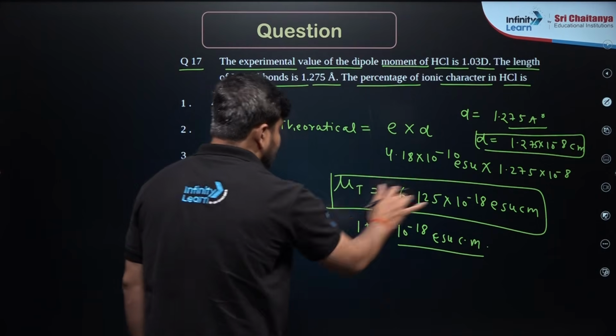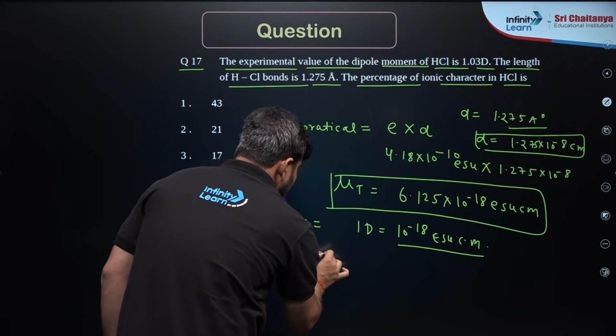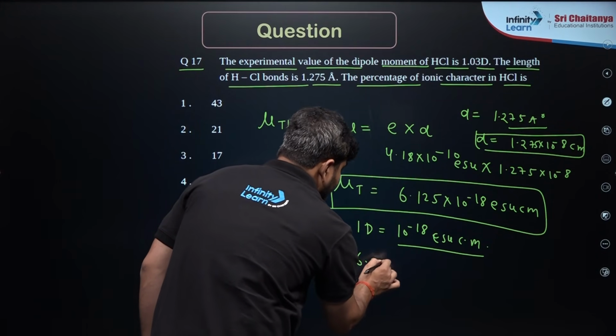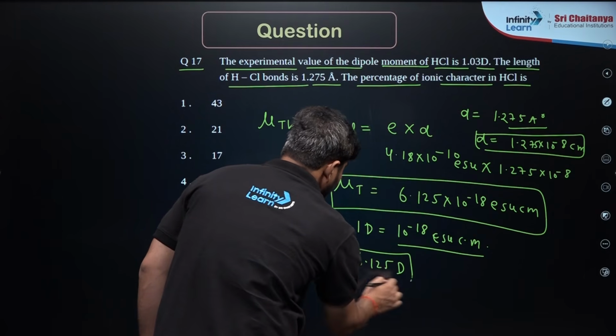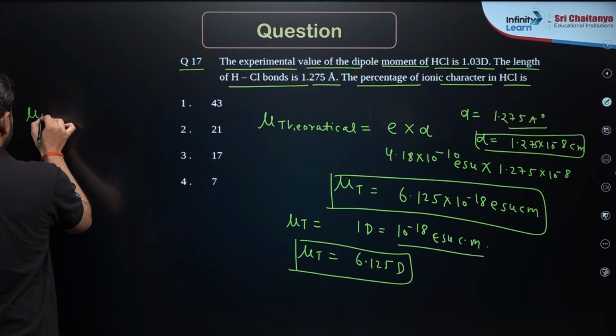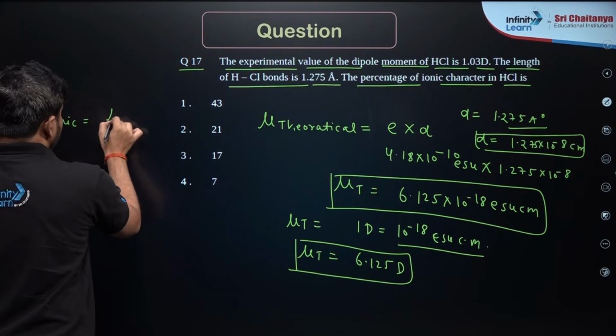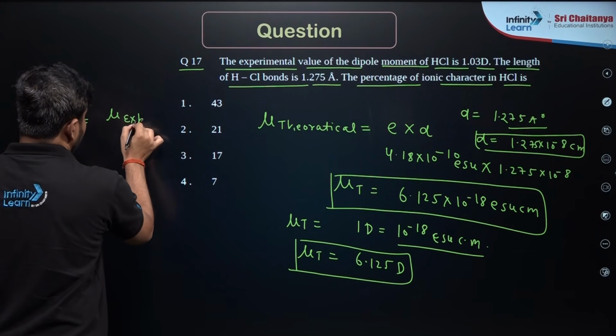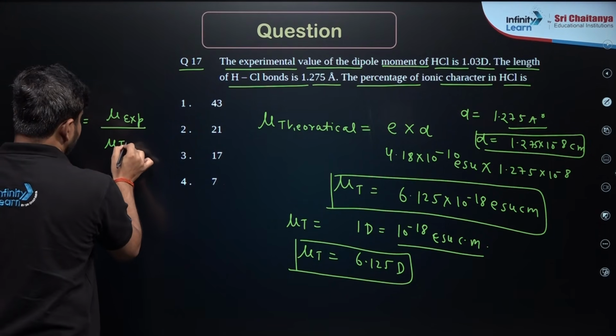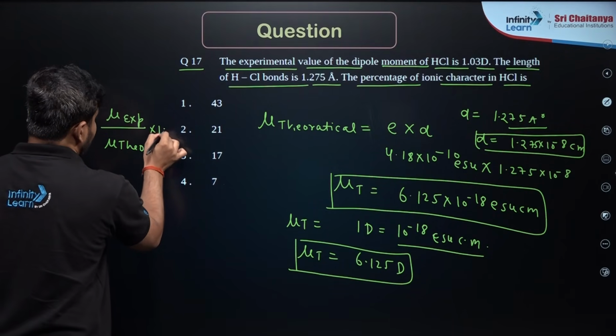So we can convert this one. If we convert, mu theoretical equals 6.125 D. So the final formula: mu ionic equals mu experimental divided by mu theoretical, multiplied by 100.